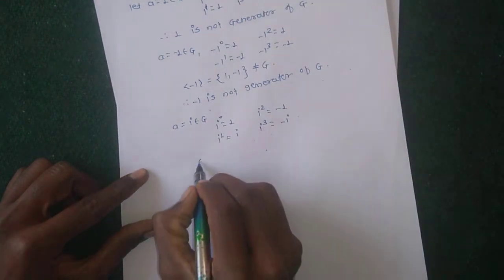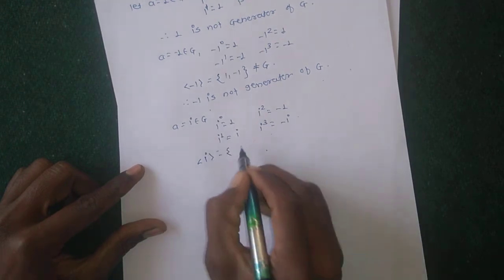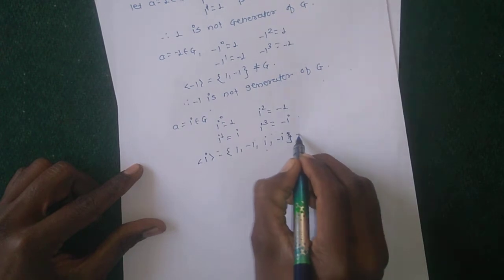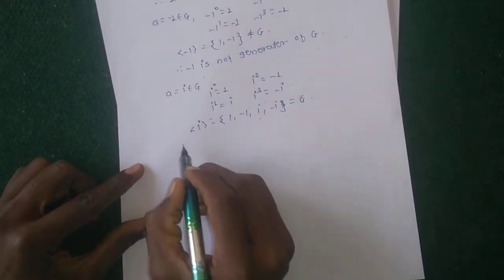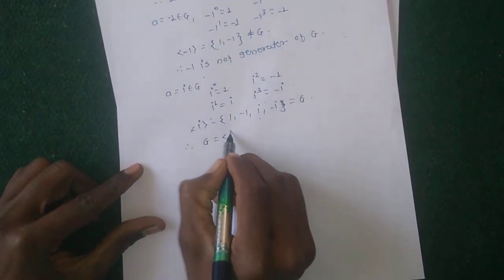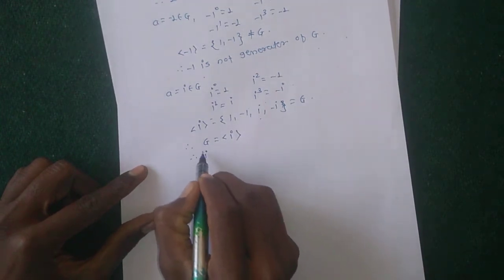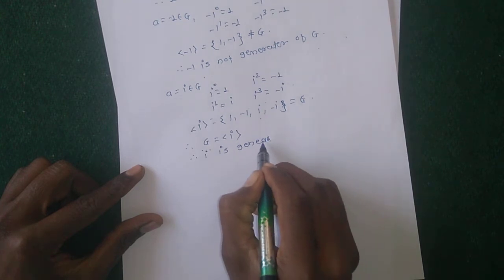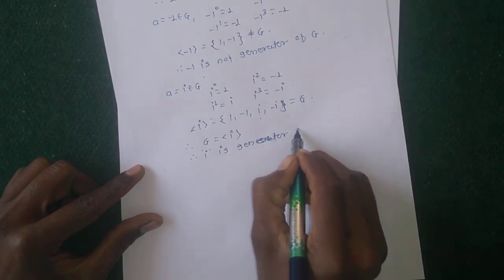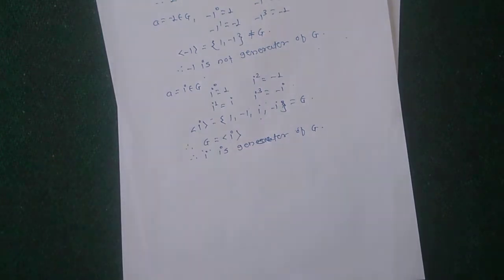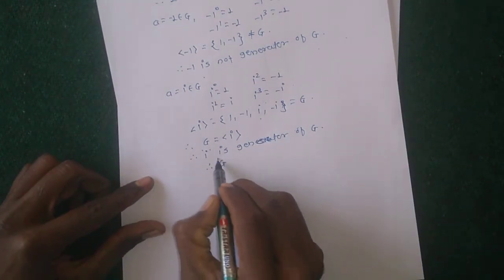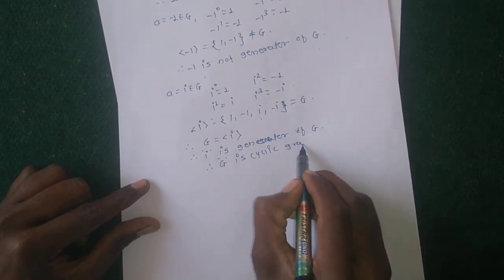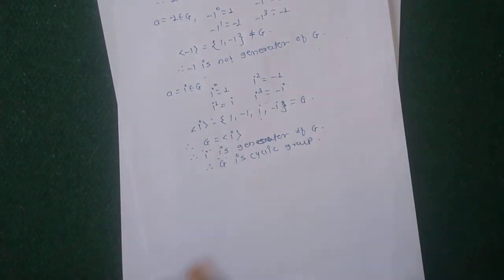So the group generated by I is the set 1, -1, I, -I, and this is also the set G. Therefore G is generated by I, so I is a generator of G. Therefore G is a cyclic group because G has a generator.